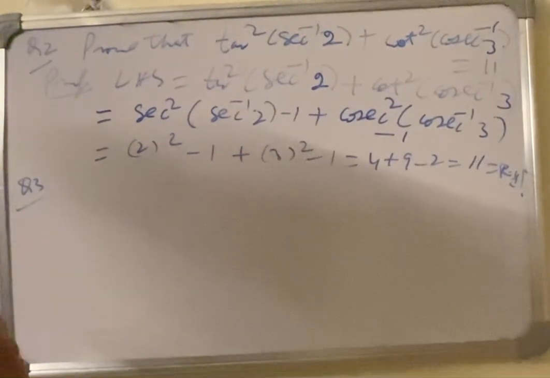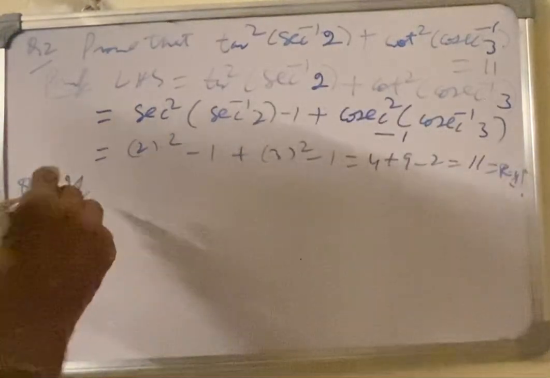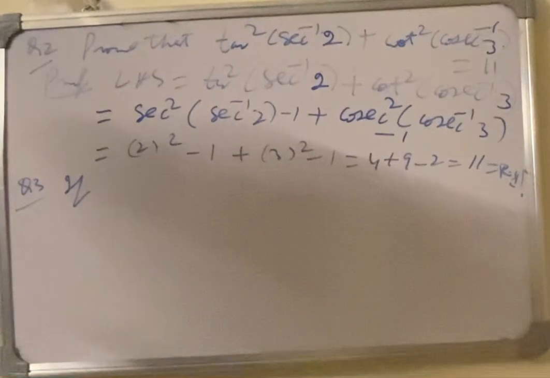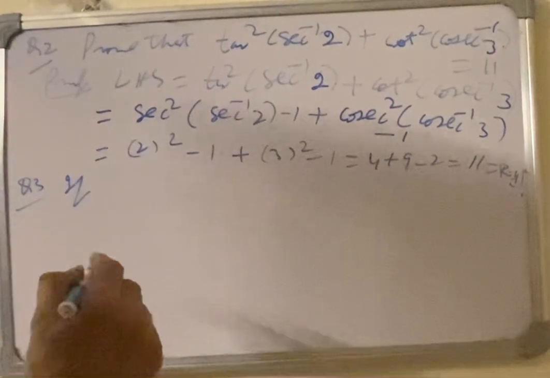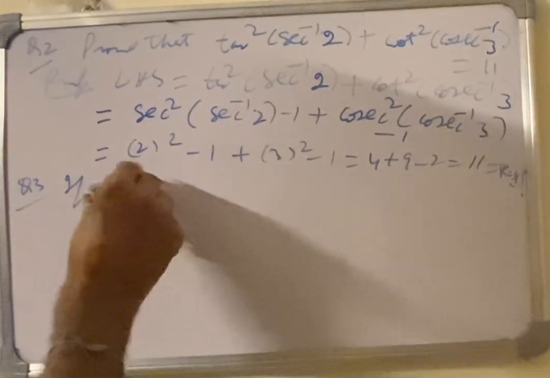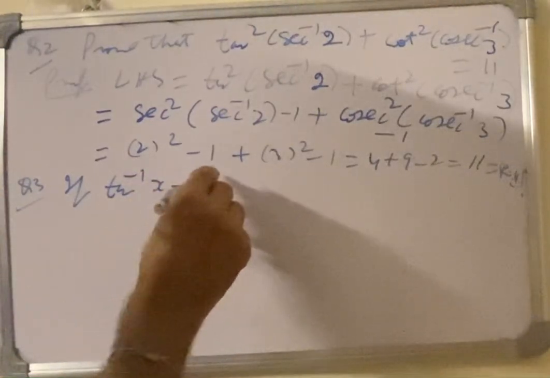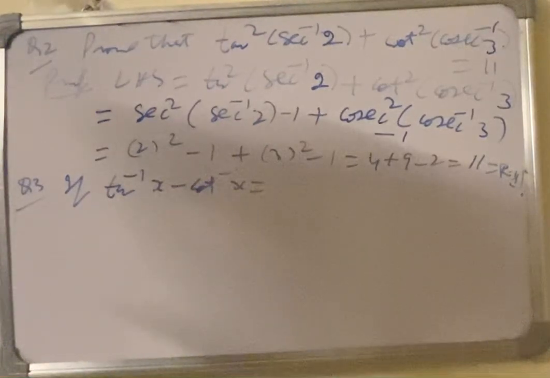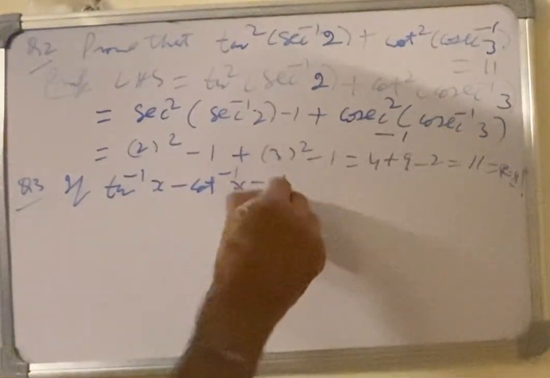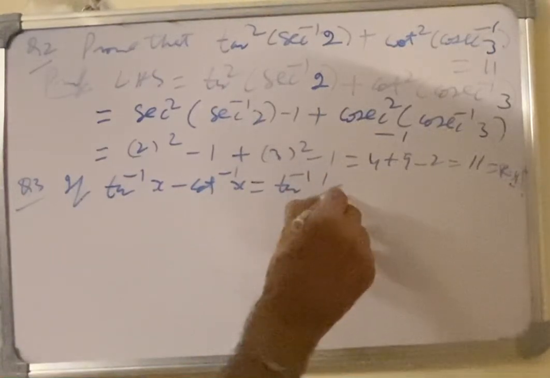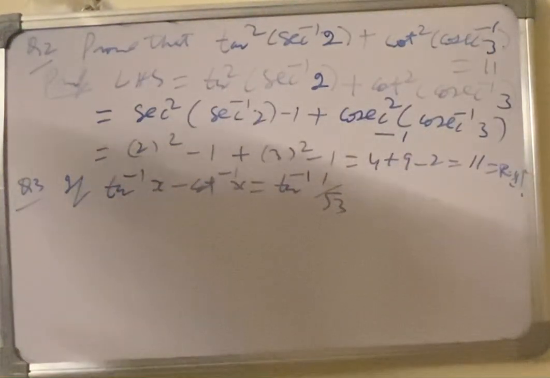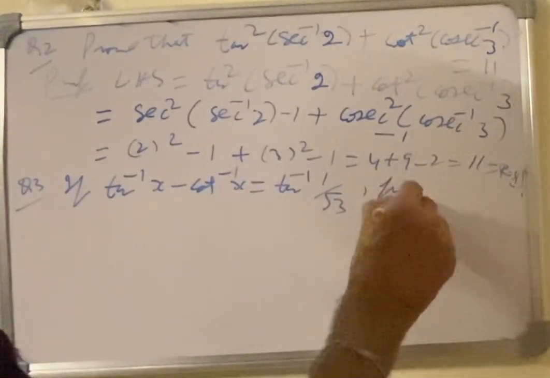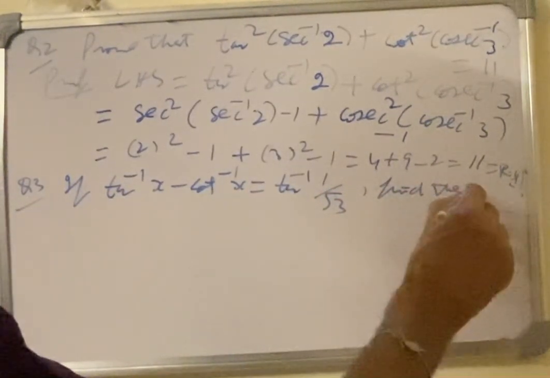Third question. If tan inverse x minus cot inverse x is equal to tan inverse 1 over square root 3, find the value of x.